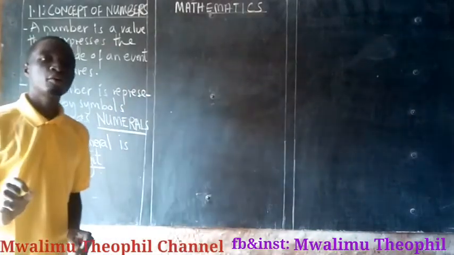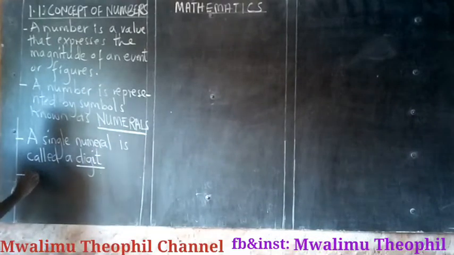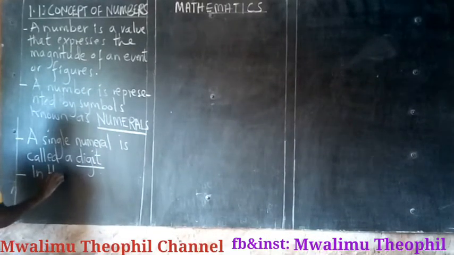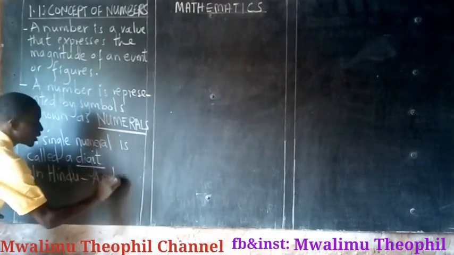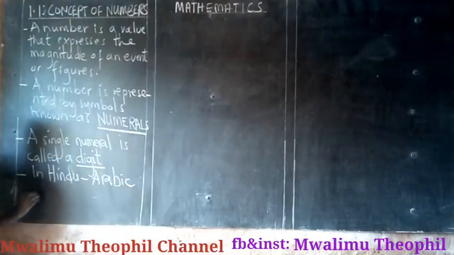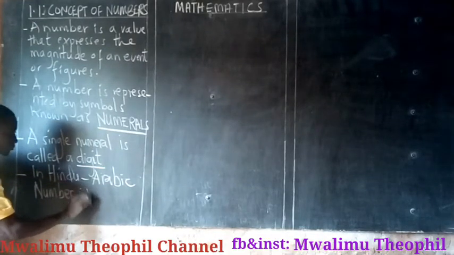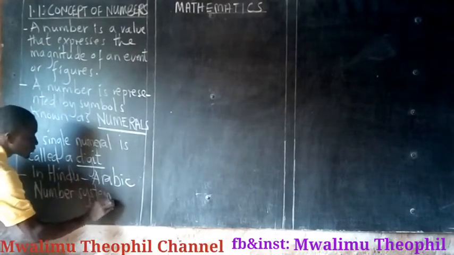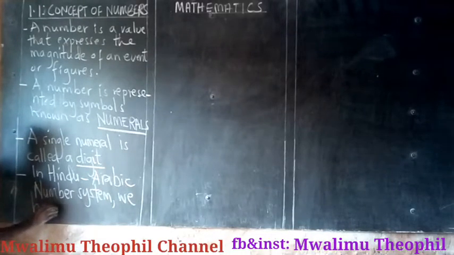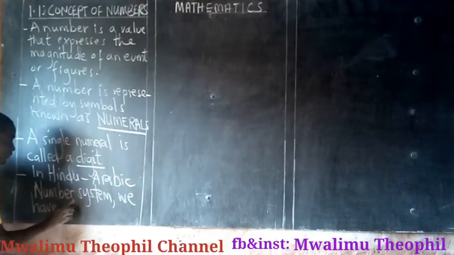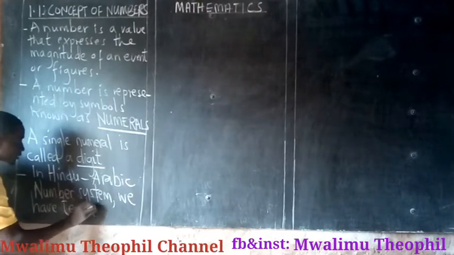In the Hindu-Arabic number system, we have a total of 10 digits.